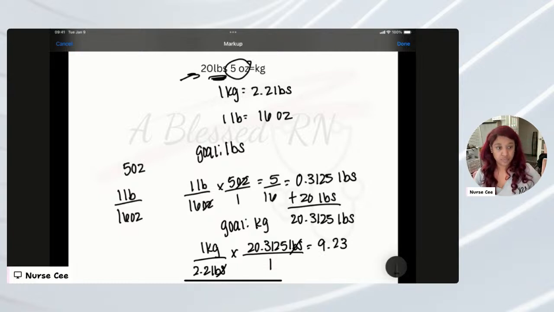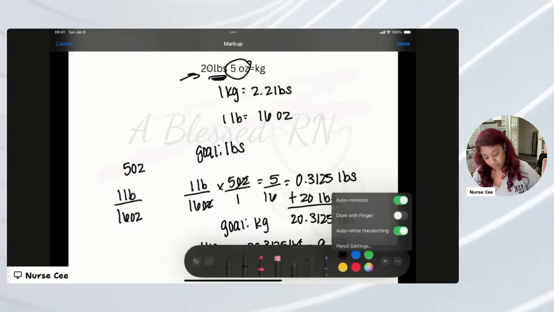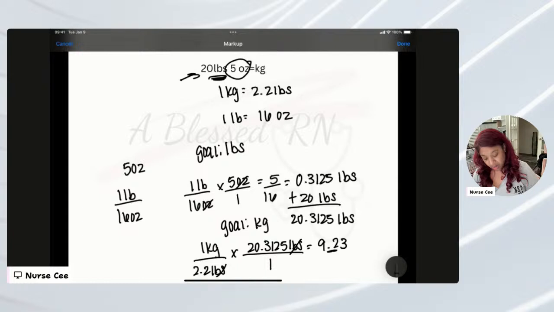If we're rounding to the nearest tenths place, we start at the tenths place and you go to its neighbor, and that is 3.